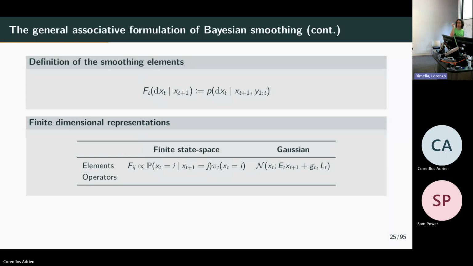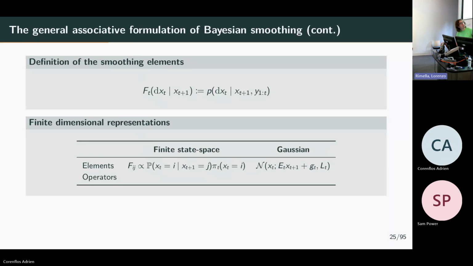That's just a bit of linear algebra, and you get there. In the finite state space, you get the same thing. I'm assuming that we know the filtering distributions, because they appear in the computation of those elements. So we have pre-computed them using the prefix or the sequential case.